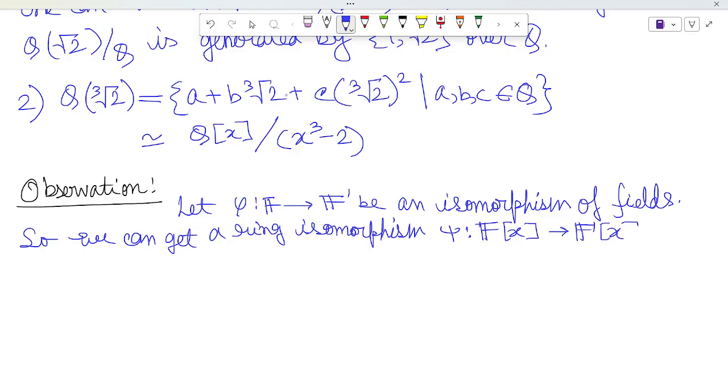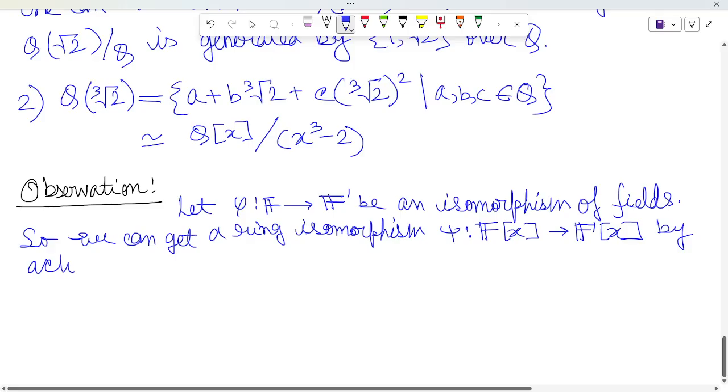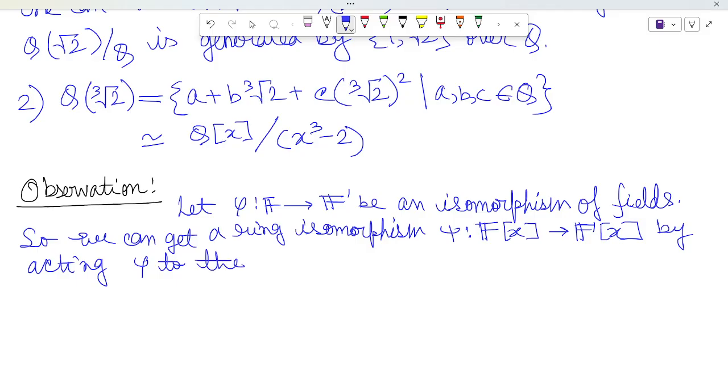Psi is from F[x] to F'[x], such that, I mean, I bring phi to the coefficients. I can get this.